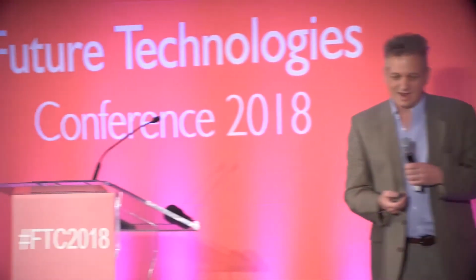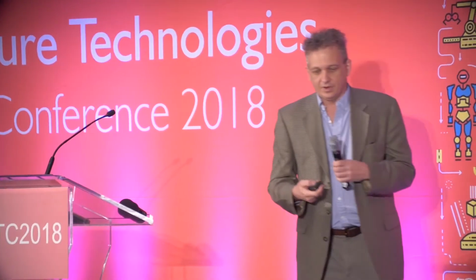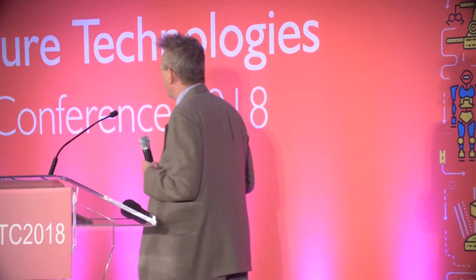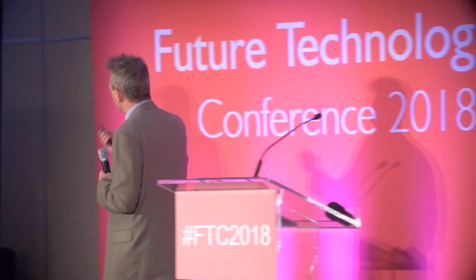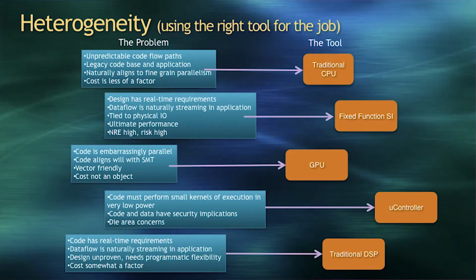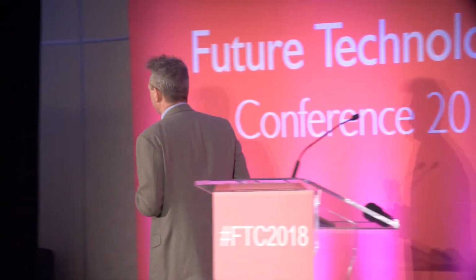So the problem right now is we've made use of heterogeneity. For example, you might have a traditional CPU to execute legacy code, to execute unpredictable patterns of code. So if you have spaghetti code or whatnot. And it also offers all those microarchitectural improvements for more and more performance.